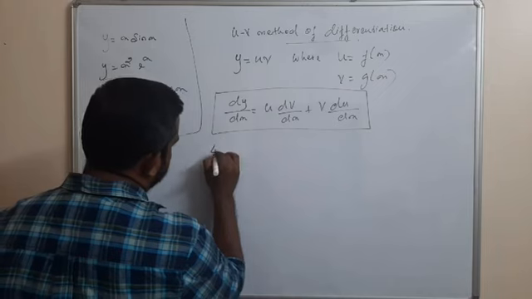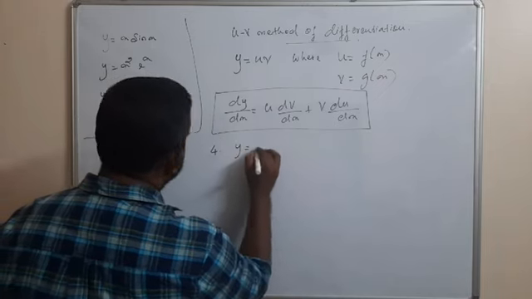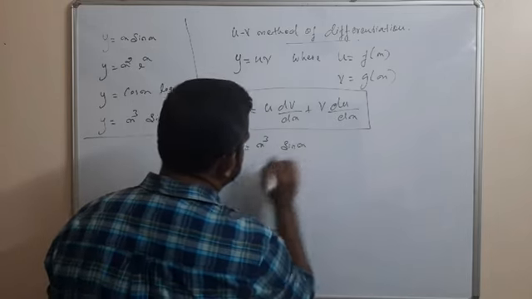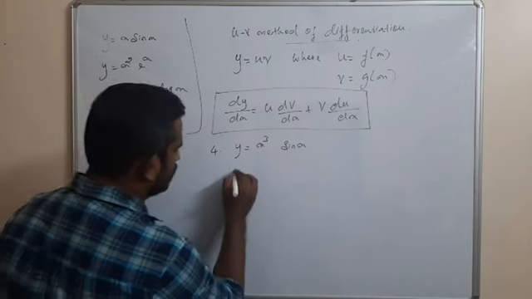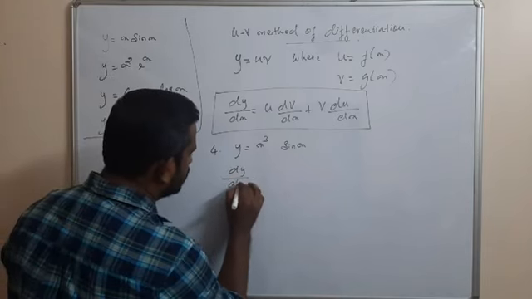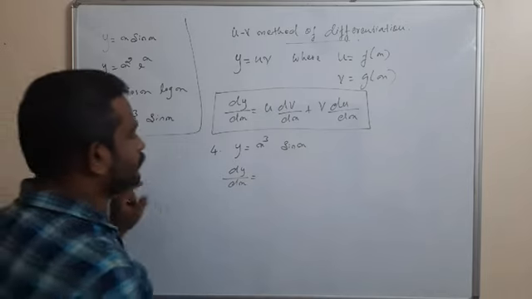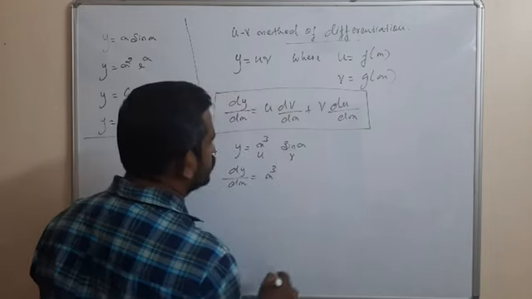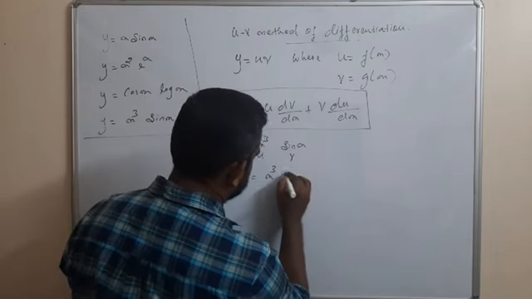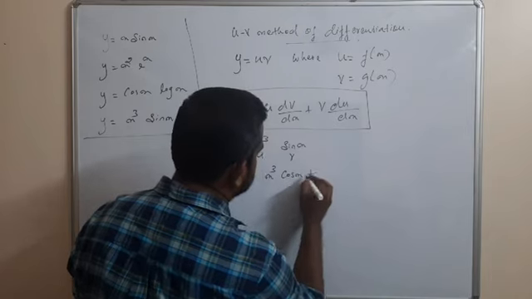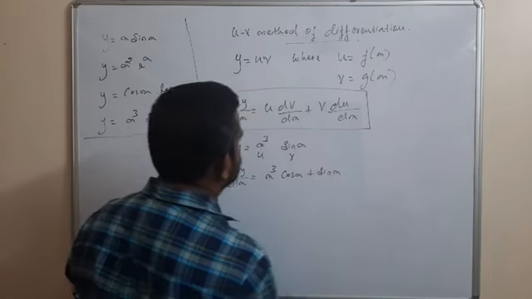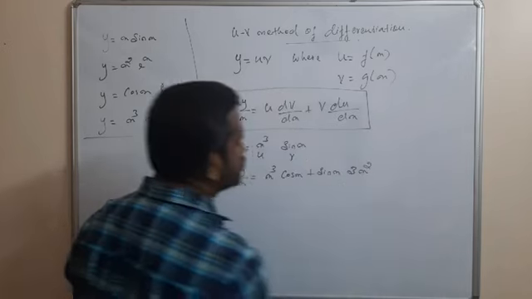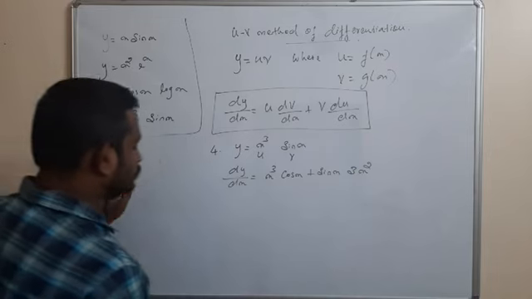Fourth problem, y is equal to x cube sin x. So this is u, this is v. dy by dx equal to u into dv by dx, that is x cube into cos x, plus v into du by dx, that is sin x into 3x square.